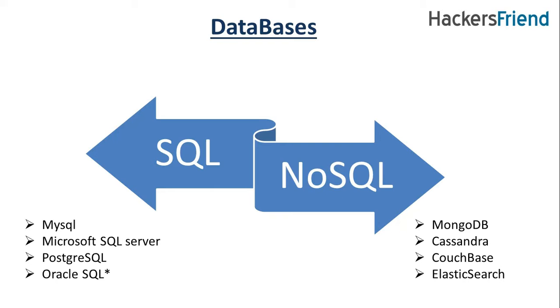Then we have NoSQL. Even though SQL is the dominant type of database, there is another type called NoSQL. As the name implies, NoSQL databases are in some ways the opposite of traditional SQL ones. NoSQL is not relational and doesn't enforce the same type of structure that SQL does.